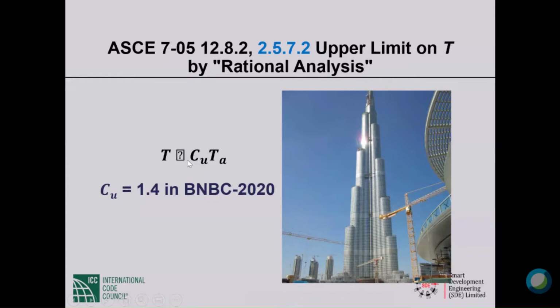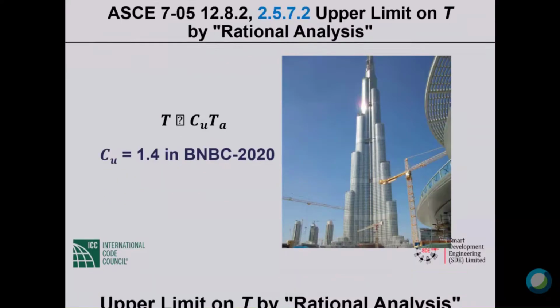In BNBC, that C sub u is a fixed 1.4. So you cannot take a rationally computed period any larger than 140% of the approximate period.